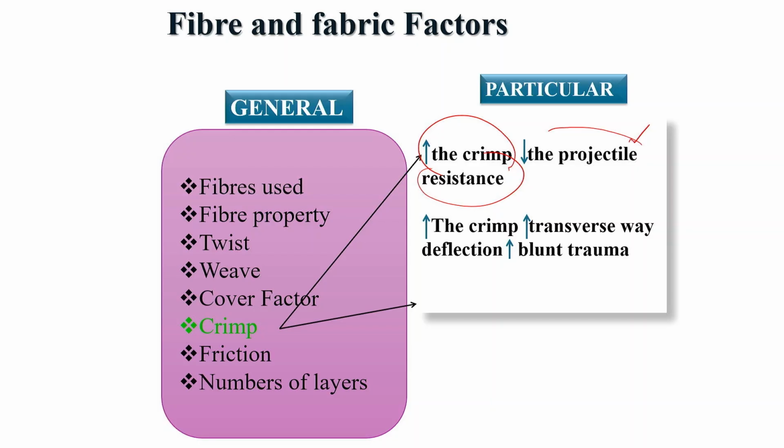So, let us try to understand this aspect. Suppose there is a crimp, this may be warp or weft, A. Another with a higher crimp, B, and a third one with almost no crimp, C. Three types of fabrics are there.